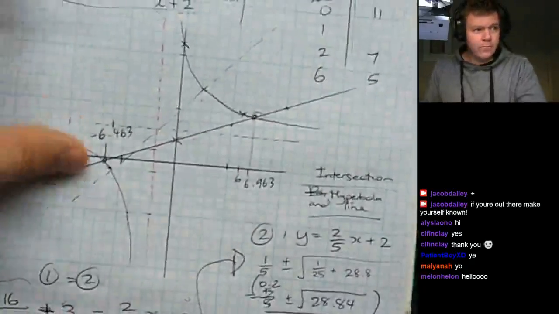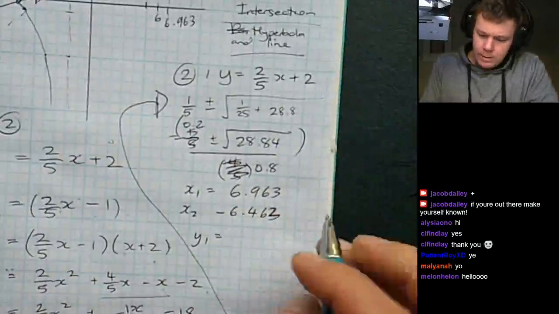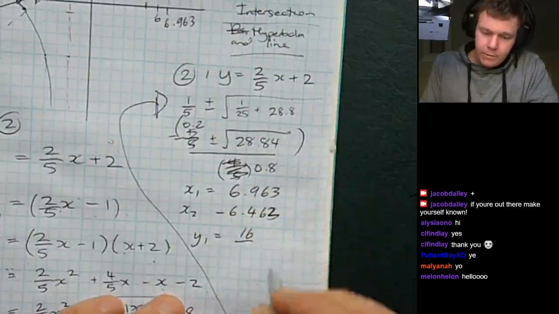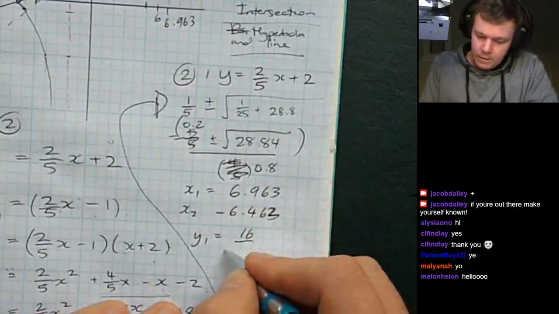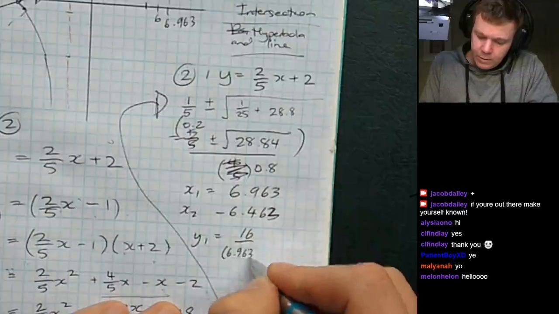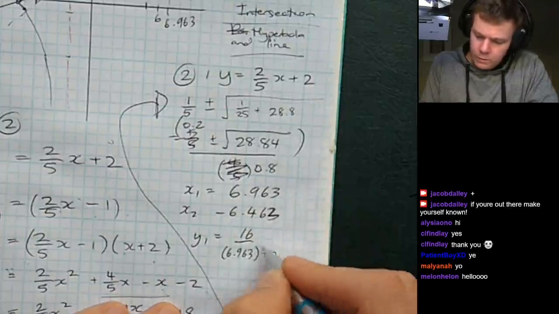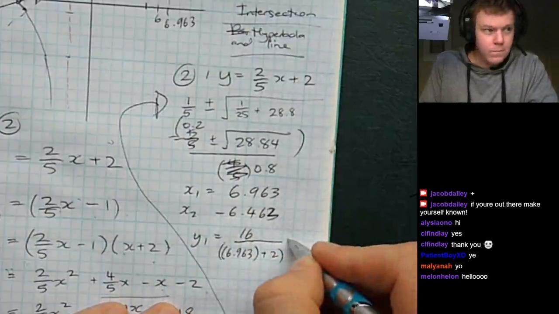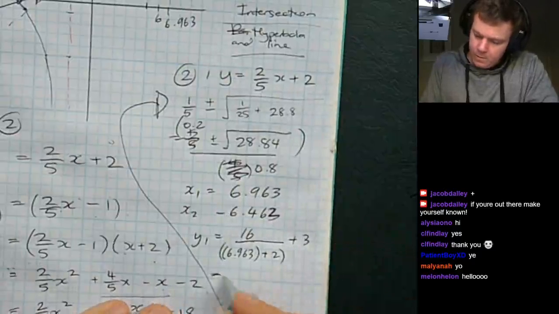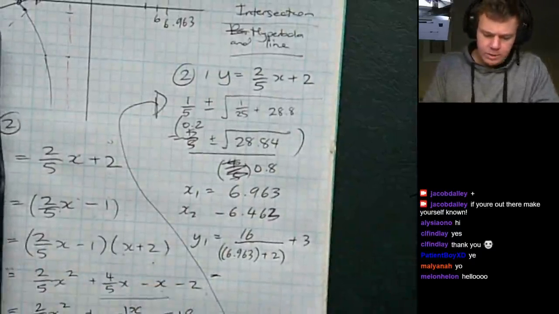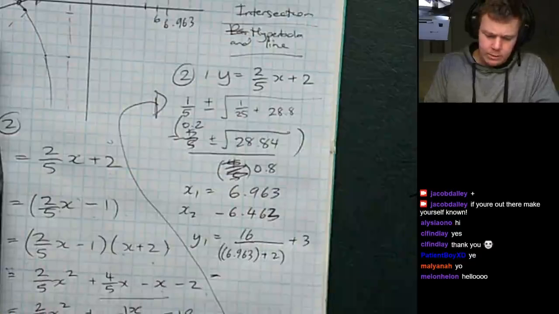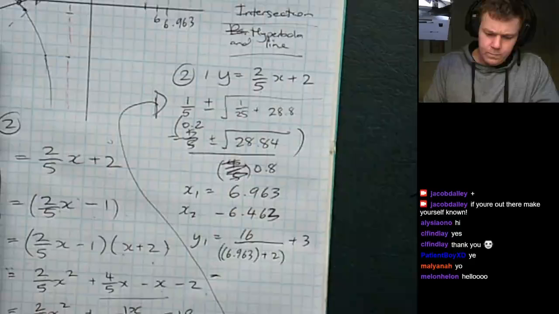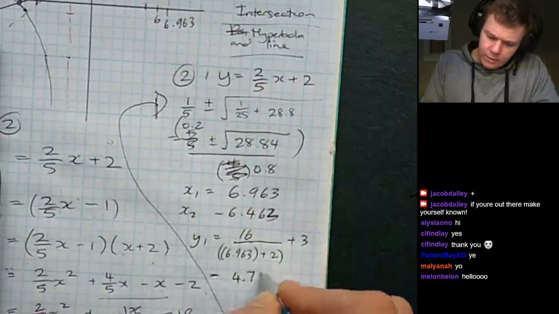Y1 is going to equal 16 over, substituting in, 6.963 plus 2, plus 3. 16 divided by 6.963 plus 2, plus 3. Y1 equals 4.785.